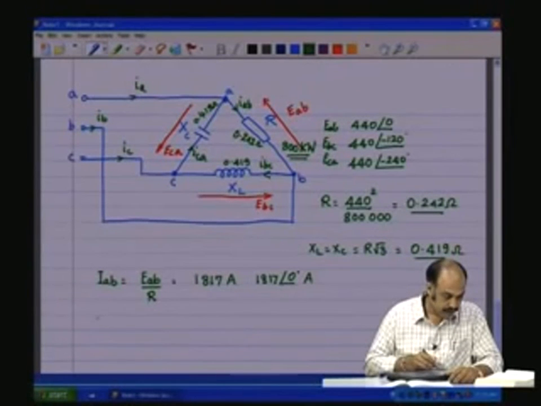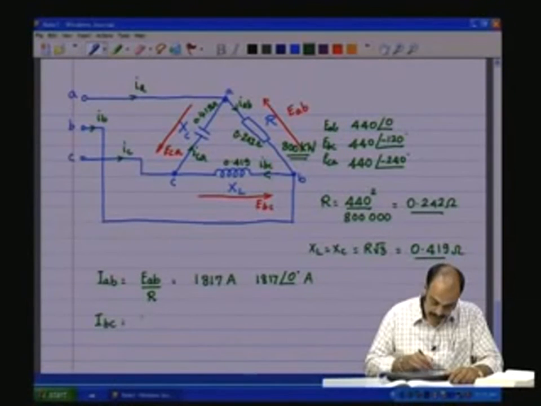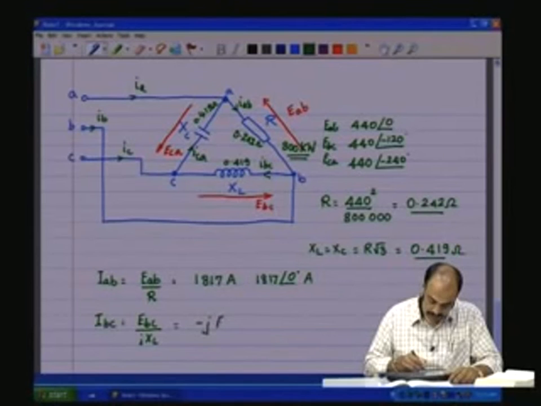Now, if I want to find out IBC, so now IBC will be EBC divided by JXL, which is equal to minus J EBC by XL.